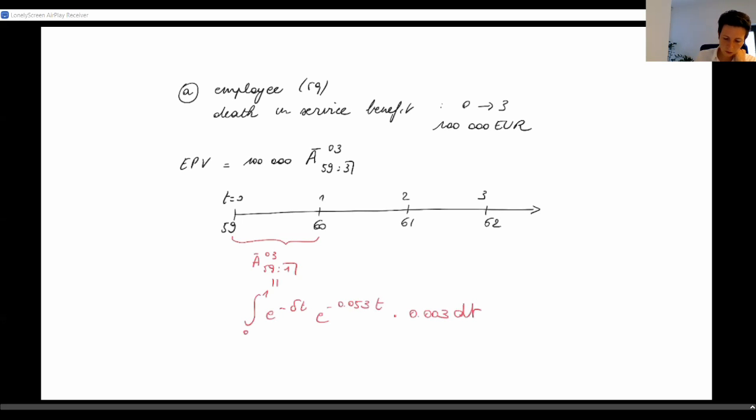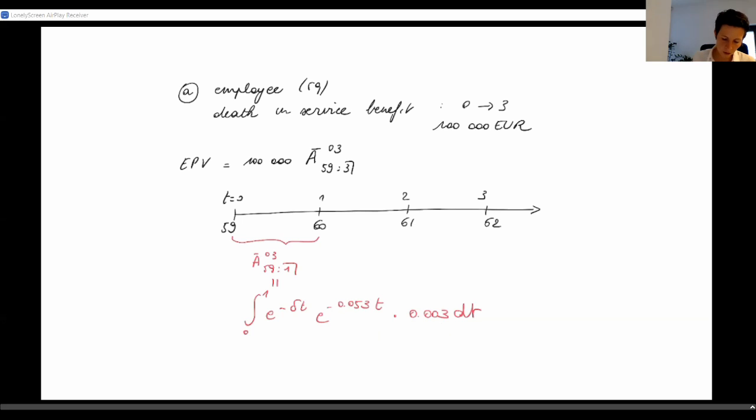So where do I get these numbers? That's what we've been calculating in the first part of my illustration. So this is my force of mortality between age 59 and 60. And this is what I got if I take the exponential minus the integrated total force of decrement that is applicable here.